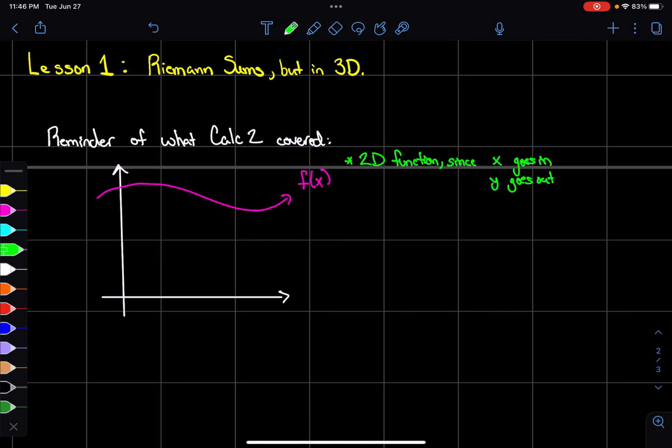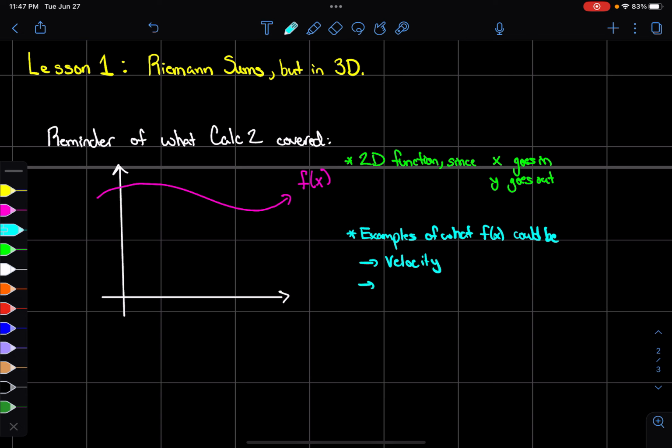Easy peasy. And we said, let's pretend that this function is something that we eventually want to calculate the total value of. So some examples from Calc 1 and Calc 2 of what f of x could be: it could represent the velocity of an object.